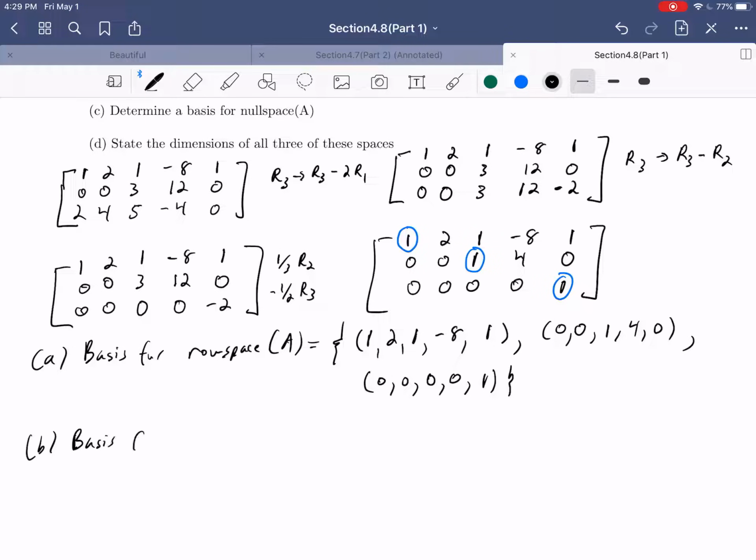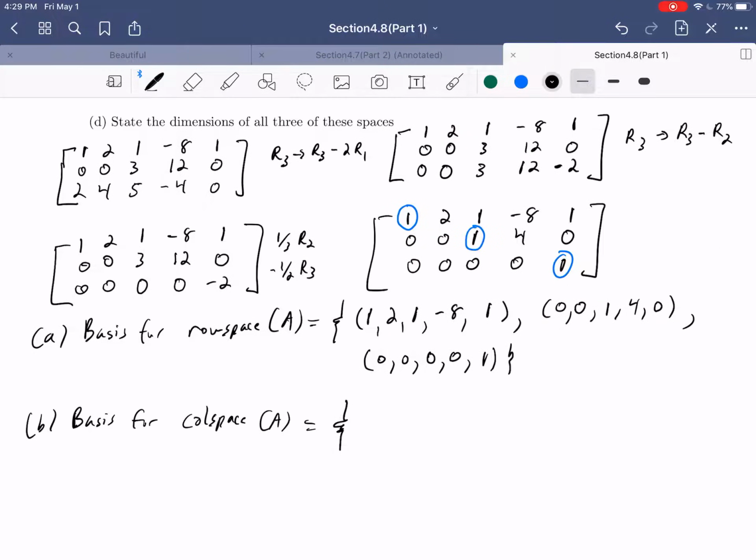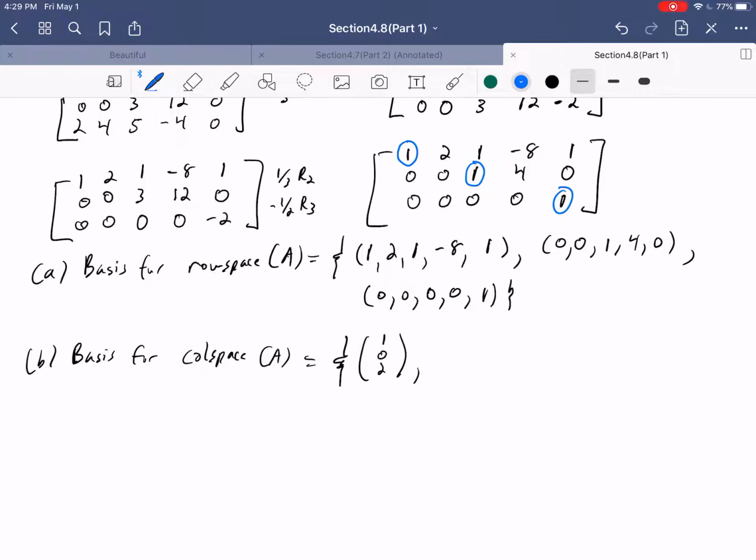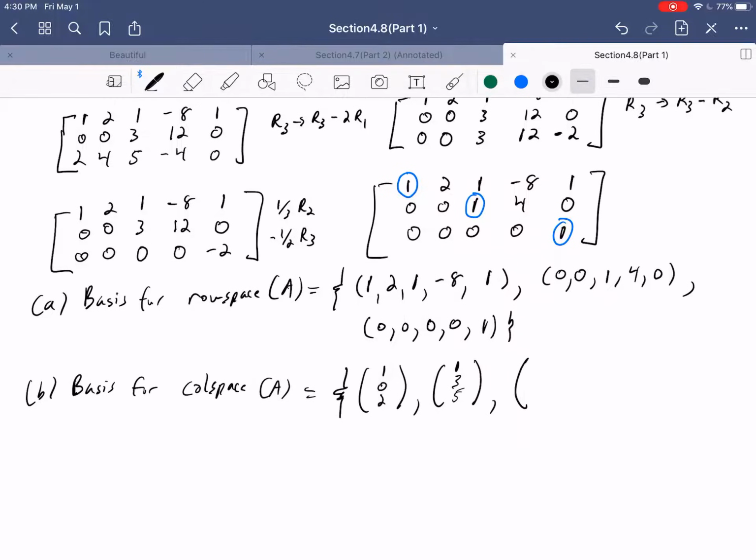Basis for column space of A is going to be equal to 1, 0, 2. And so we're using this guy, and this guy, 1, 3, 5. And finally the last guy, which is 1, 0, 0.